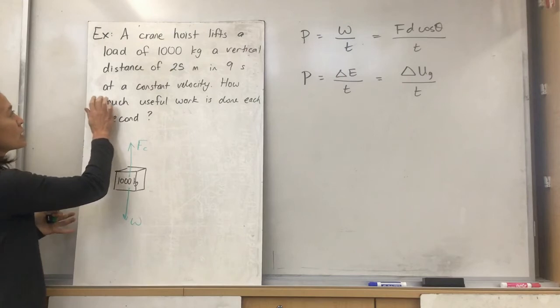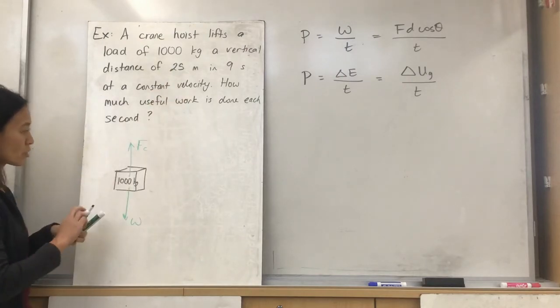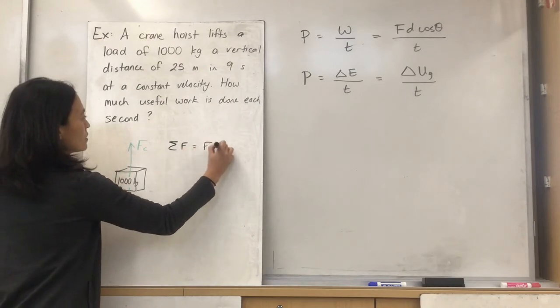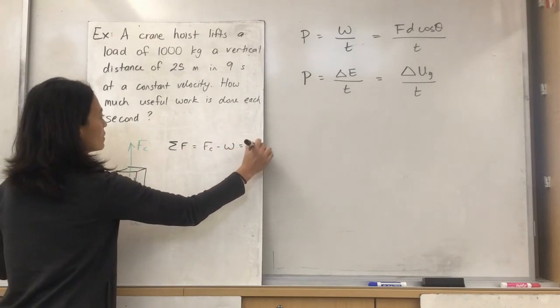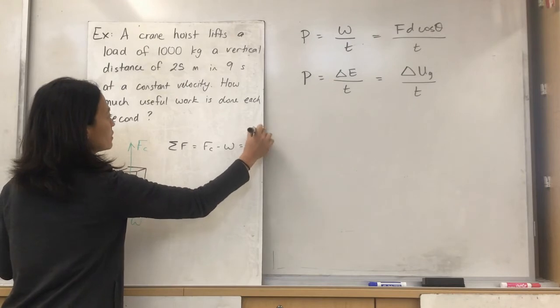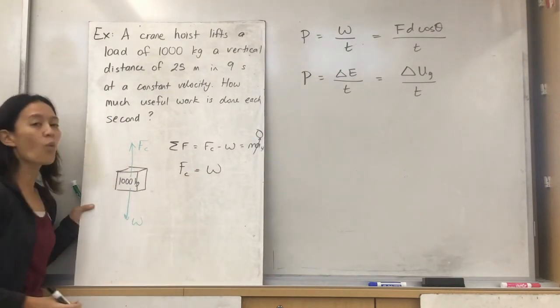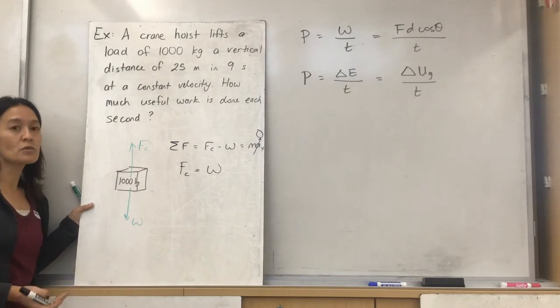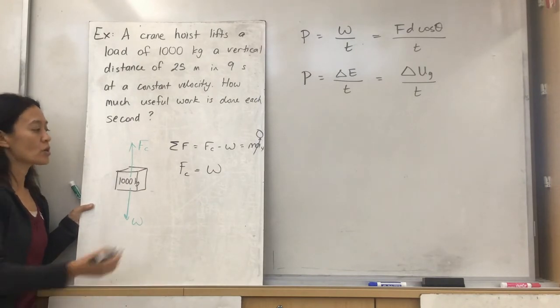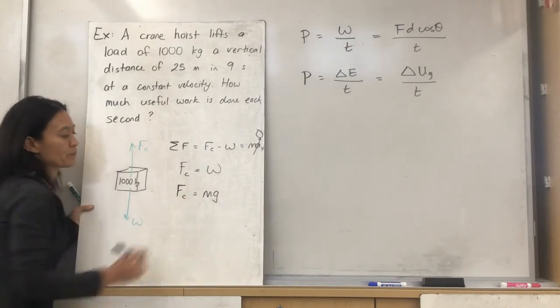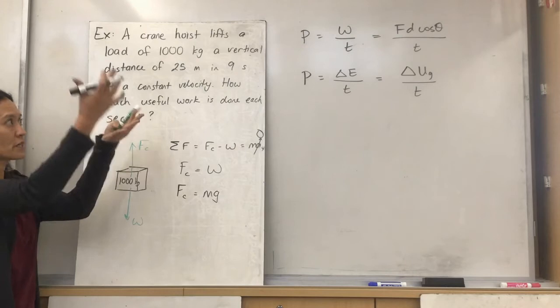We're told it's being pushed up at a constant velocity. So if I think about this in terms of forces, the force of my crane has to equal the weight of the load because it's moving at a constant velocity. So the force of my crane is just equal to mg, to lift it upwards.